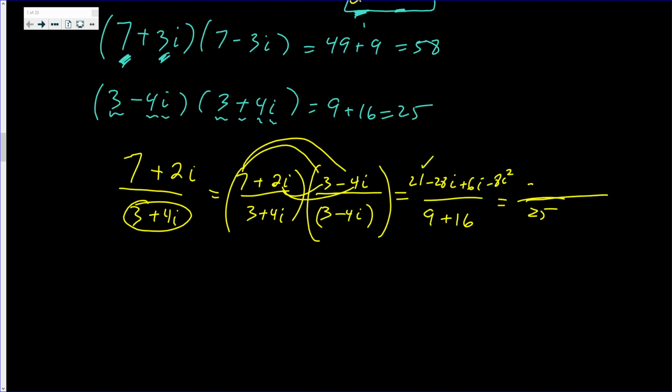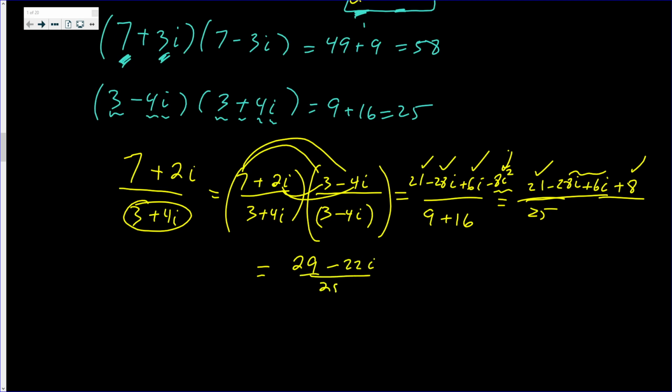So we have 21 minus 28i plus 6i, and this will become plus 8 because i squared is negative 1. So it's plus 8. And you add the real parts in the numerator, you get 29. You add the complex parts, which are those two, and you get negative 22i all over 25.